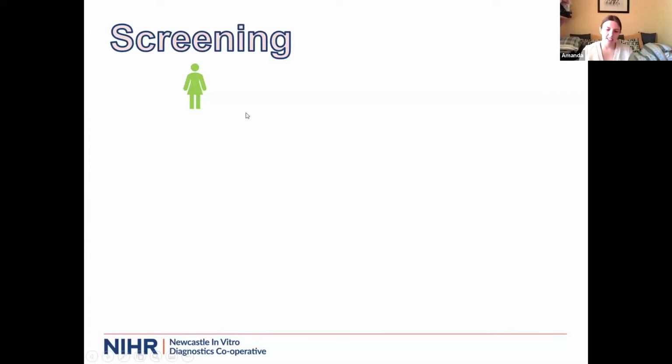Screening tests are using a medical test to find unrecognised disease in apparently healthy or asymptomatic patients, which means people who don't have any symptoms of a disease or a condition.